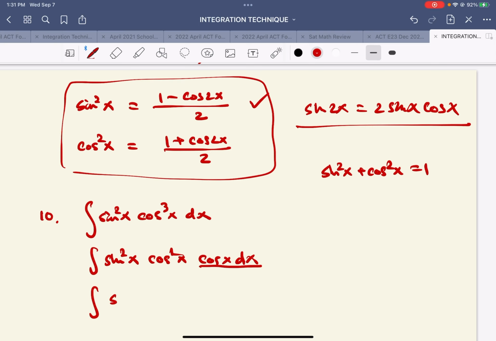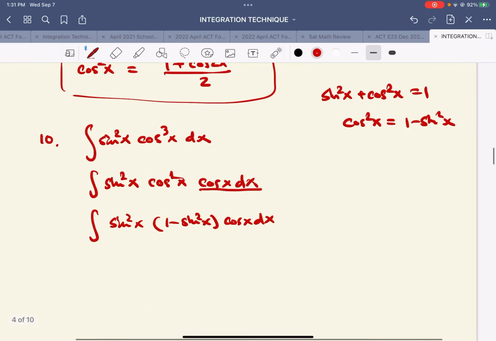So instead of cosine squared x, it's 1 minus sine squared x, right? When you subtract sine squared x from both sides, it'll be 1 minus sine squared x and then cosine x dx. Now, so sine squared x minus sine fourth power x, cosine x dx.